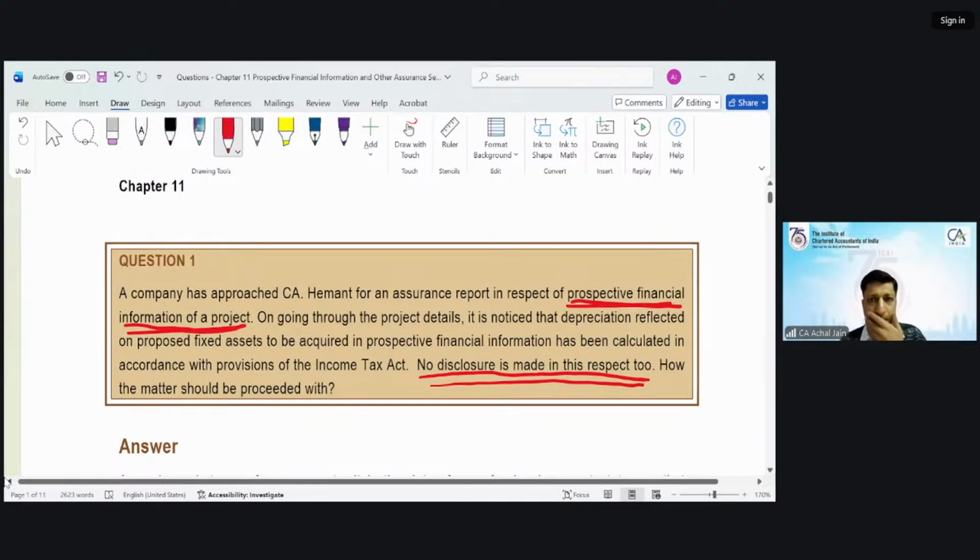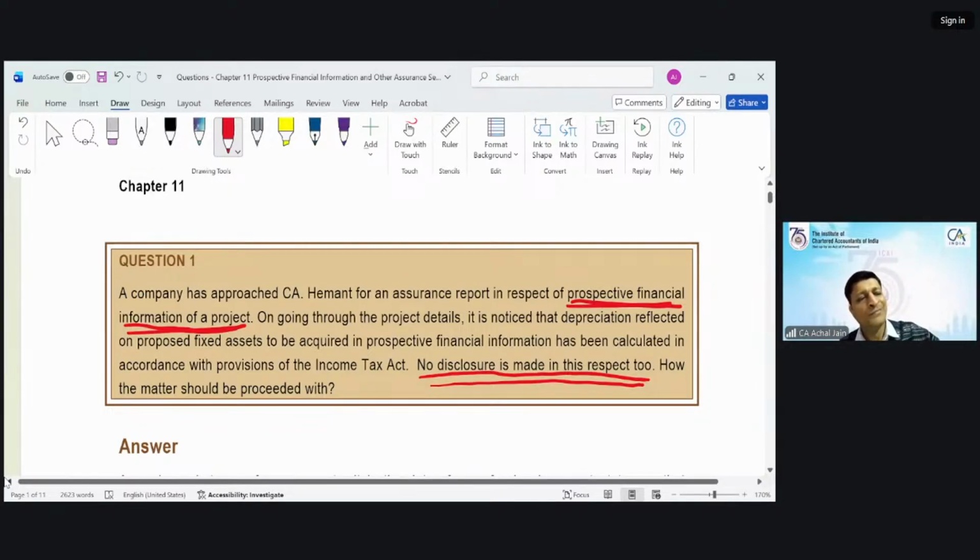Here, it is a company. The company has approached the auditor. In this situation, they are asking us to give the project details, and depreciation on the proposed fixed assets has been worked out as per the income tax. Since it is a company, it has to be followed as per the Companies Act depreciation schedule. It is not a special purpose thing. Since it is a company, it has to be prepared according to the Companies Act.